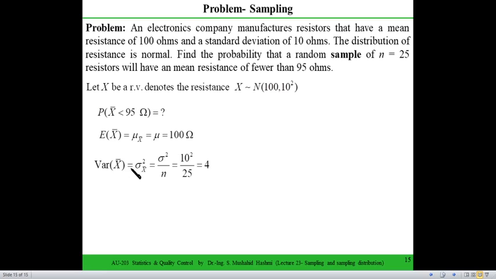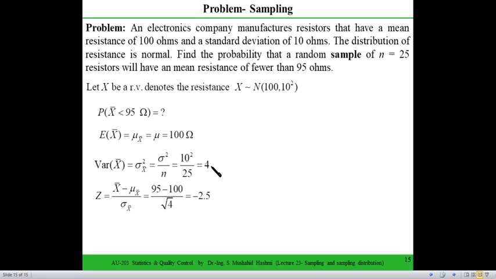And we know the variance of the sample mean would be the population variance divided by the sample size. Here the standard deviation is 10, 10 square would be 100, 100 divided by 25 would be 4. So 4 would be the variance of the sample mean.